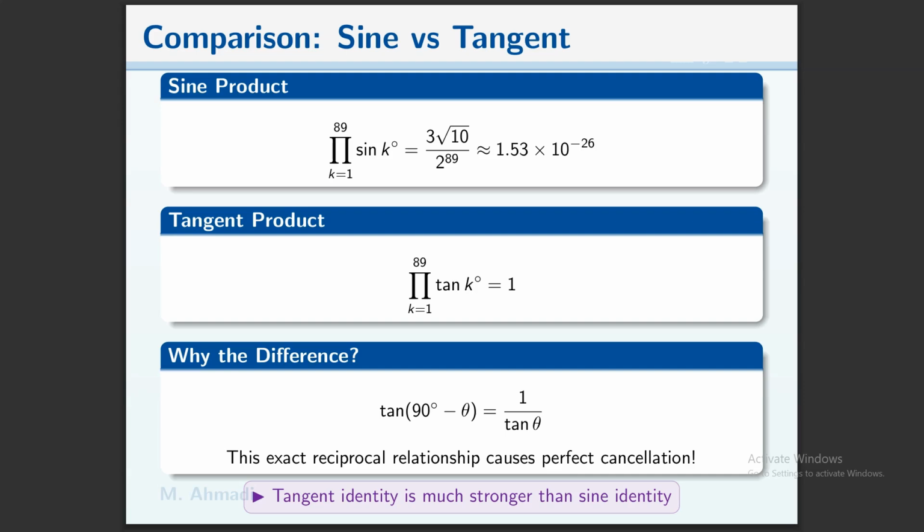But the tangent product, k from 1 to 89 of tangent k, is equal to 1. Why the difference? This exact reciprocal relationship causes perfect cancellation. Because in tangent, the different terms cancel each other. The tangent identity is much stronger than the sine identity.